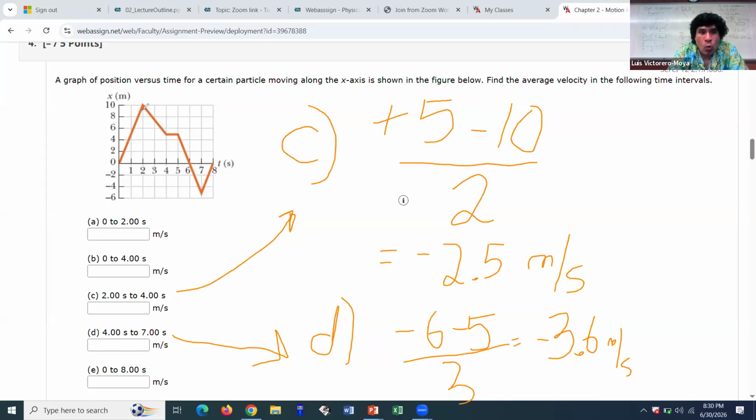In this line, what's the distance traveled? 10. In this line, how much did you move? 10. All right. In this line, how much did you move? 5. You leave it as positive because it's distance.